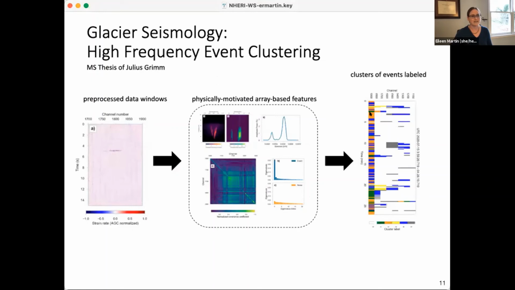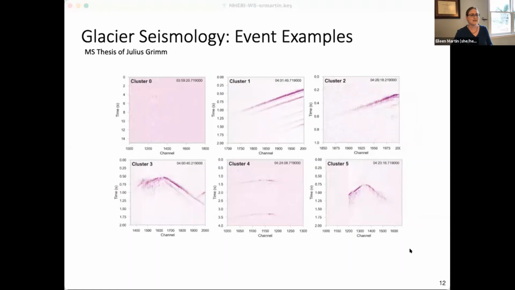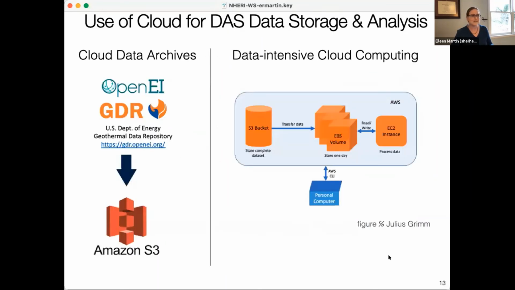So going back here to where we had different time and space locations labeled, all of the white is where it's just quiet background noise, no identified events. So we can start to see these repeating events that are scattered partway through, and some other events that we're still trying to understand.